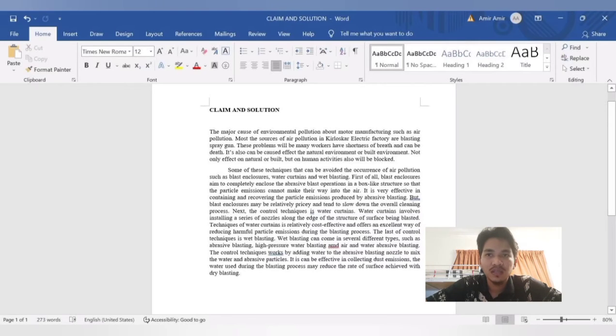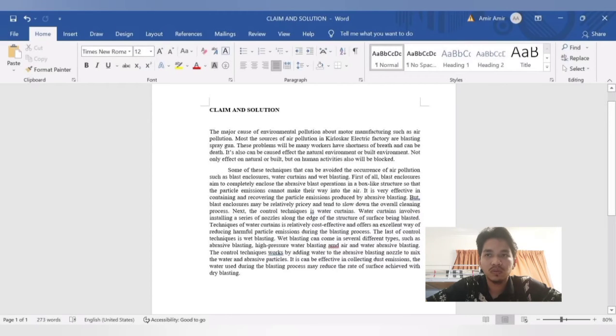It is very effective in containing and recovering the particle emissions produced by abrasive blasting. But blasting enclosures may be relatively expensive and tend to slow down the overall cleaning process.